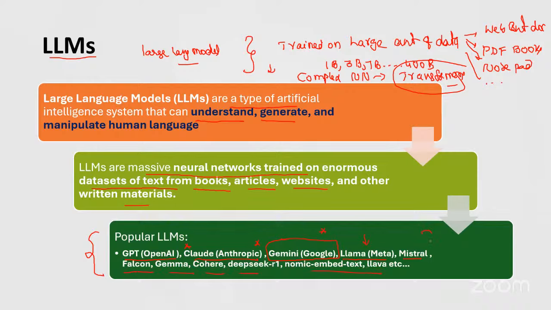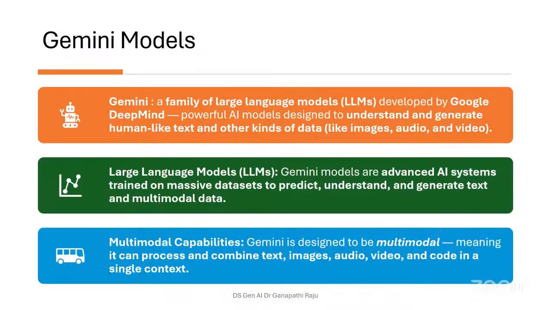If you want to work with these models, we need to use the Ollama software, the Ollama platform. Now today I will be discussing my concept on generative AI with Gemini models. Why Gemini models? Because it is a kind of LLM developed by Google DeepMind.